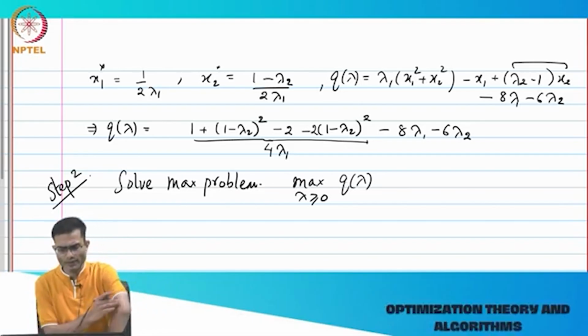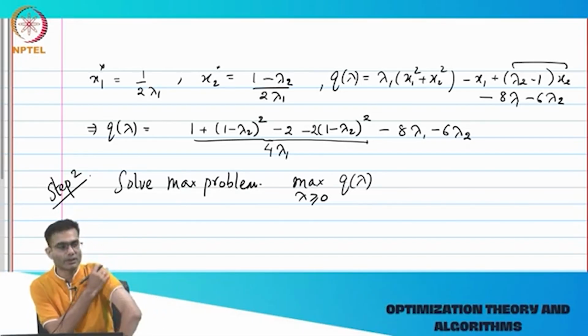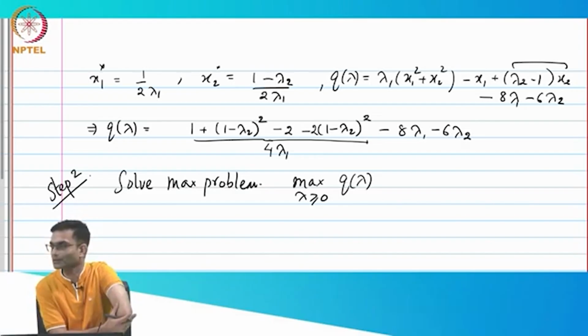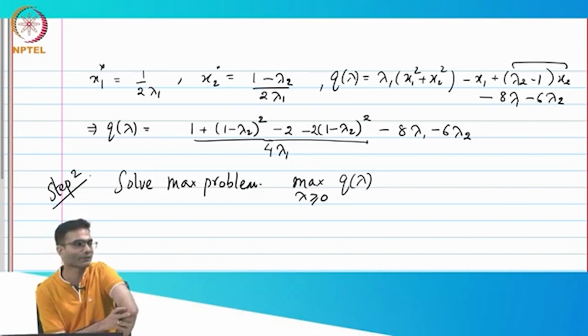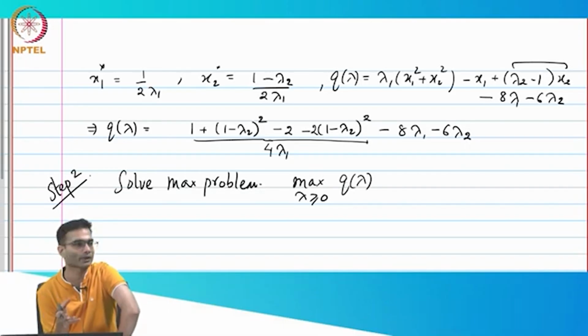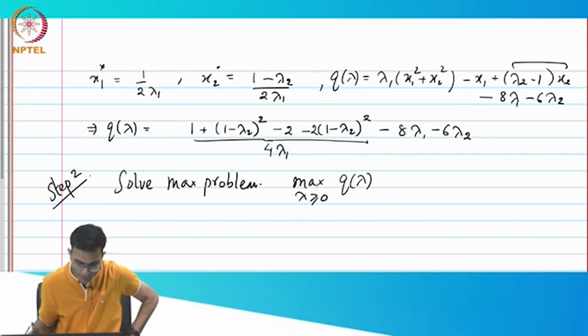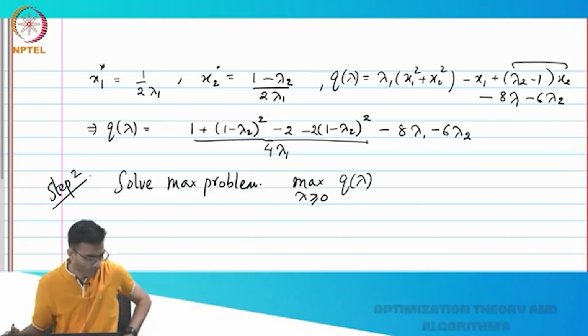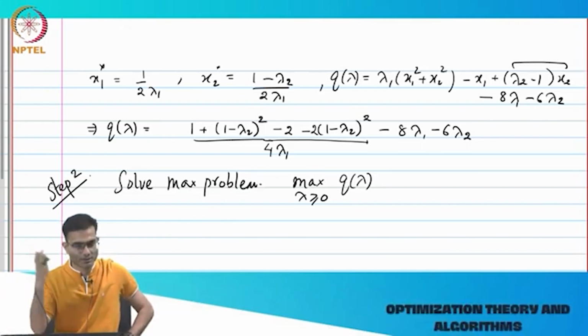Now again, to verify that maximization makes sense, you have to convince yourself that this function that I have is actually concave, then maximization will make sense. It's a function in 2 variables, so we can verify concavity by looking at its Hessian. That is one straightforward way of doing it. You could also complete the squares and show that it's a concave function.